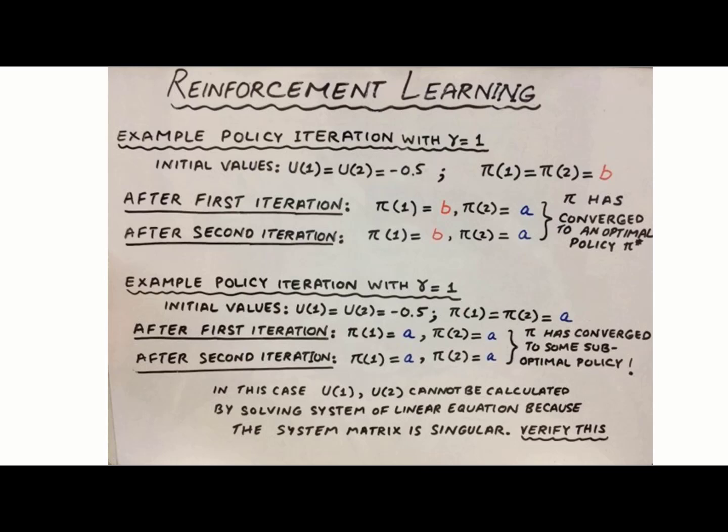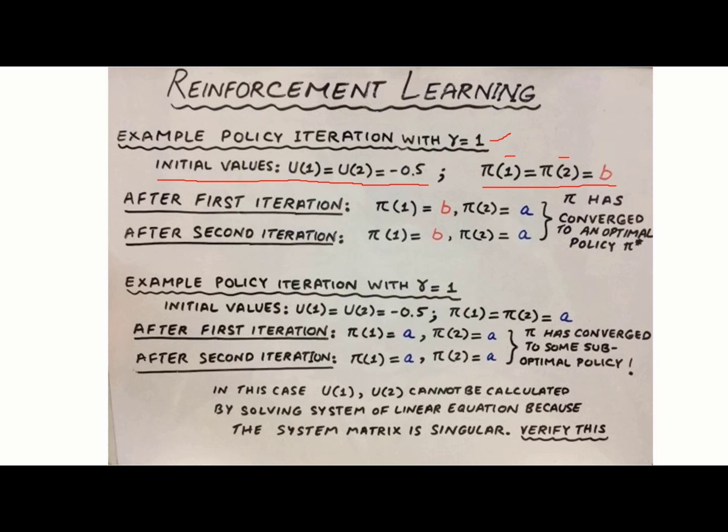Based upon the Matlab code I have written to solve this problem using policy iteration, assuming the initial values of u to be the same as before, minus 0.5, gamma is set equal to 1, and the initial policy should also be specified. So I assume that we start with the initial policy of taking action B for both state 1 and state 2.